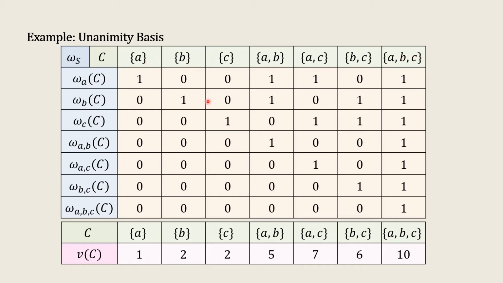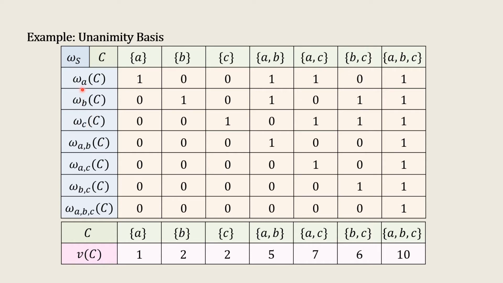Now, think of it this way. Each of these is a coalition or a sub-coalition of the grand coalition. And each of these S's is merely a subset of the grand coalition. Think of it that way. And so each of these rows is a basis function of the unanimity basis set.